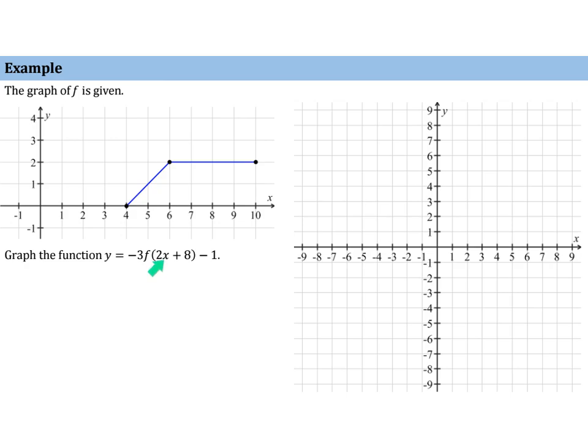Notice the coefficient of x is not 1, it's 2. So we need to factor out the 2. But it still has to remain inside the argument of the parent function. So we'll factor out the 2. We get x plus 4. That's the only thing that changes.